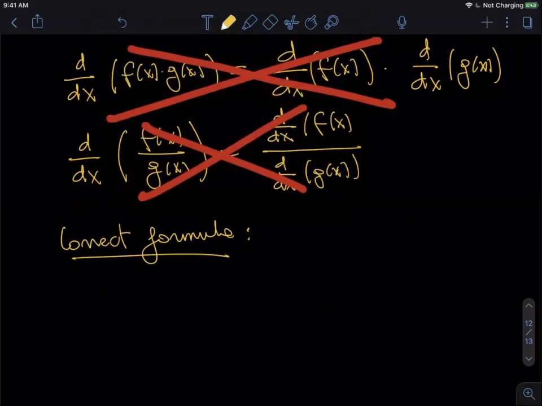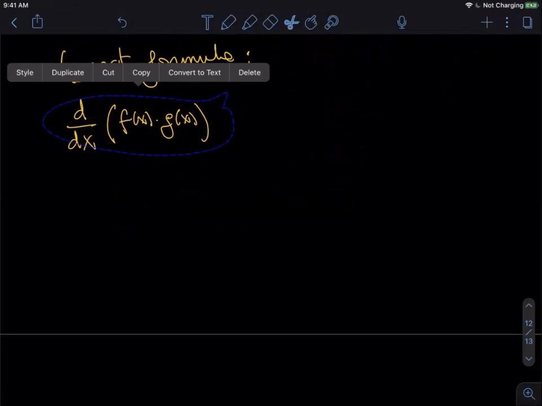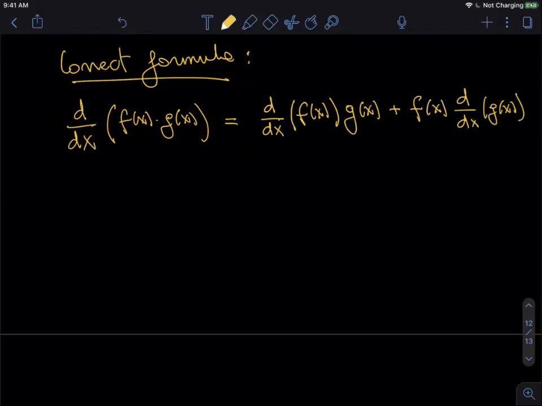So the correct formula, and let me take that ugly formula out of my view. So d/dx of the product is equal to the derivative of the first times the second without derivative plus the first without derivative times the derivative of the second.